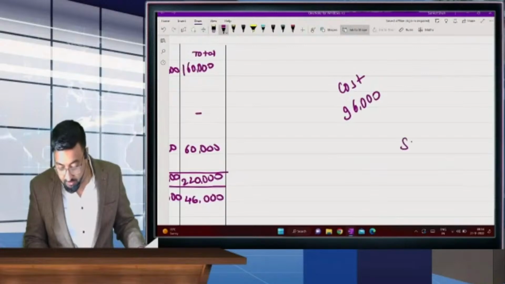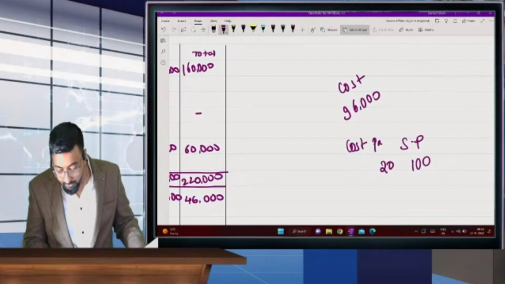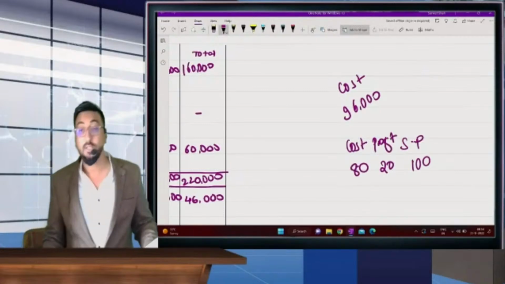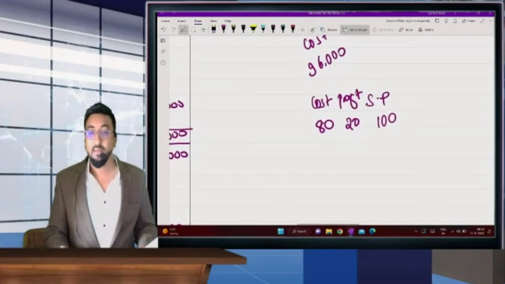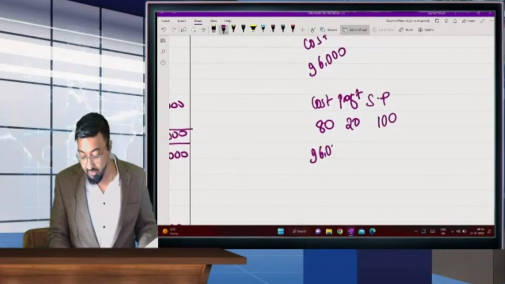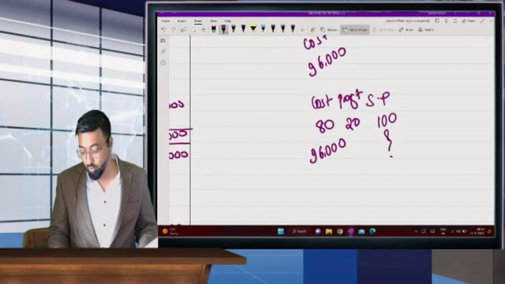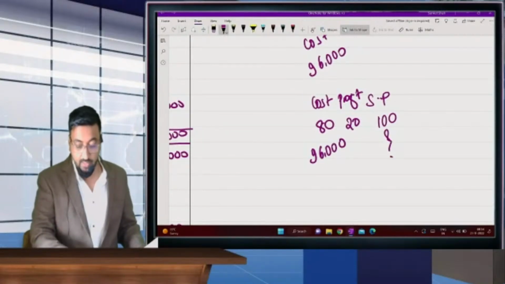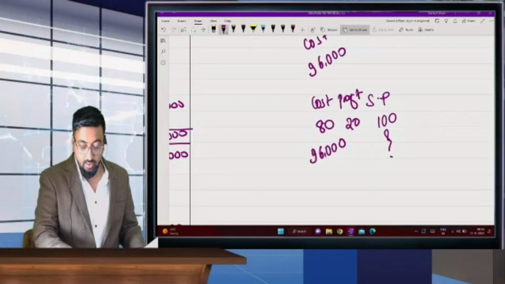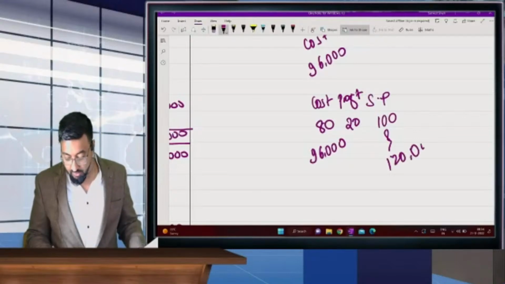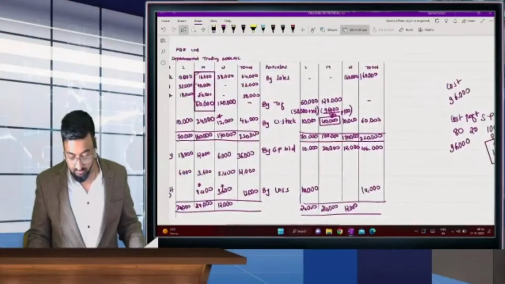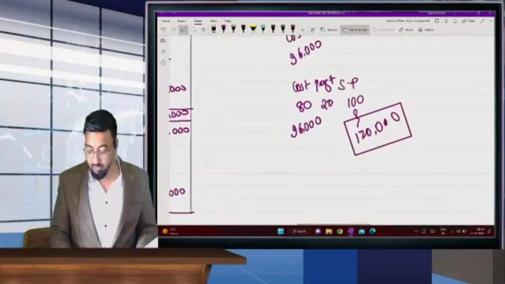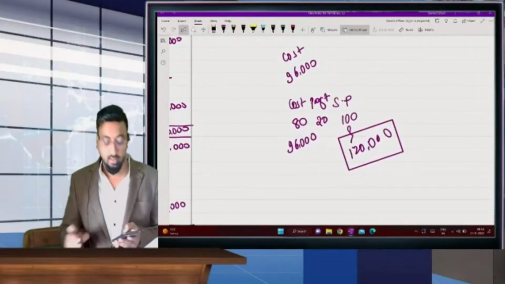Now what is the equation? 120 is profit and 80 is cost to M. M's cost is 96,000. So what is the selling price? Cross multiplication, 96,000 into 100 divided by 80, so 1,20,000 is the transfer price. Now you got it, Kanak ji? Yes, Kanak, now easy.